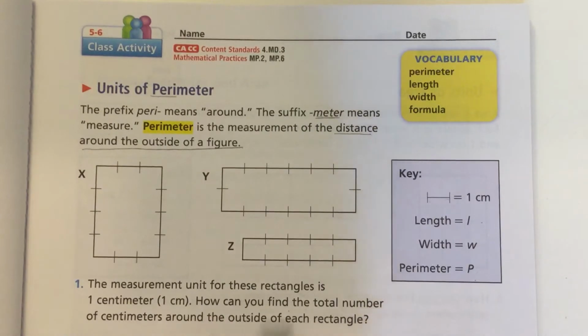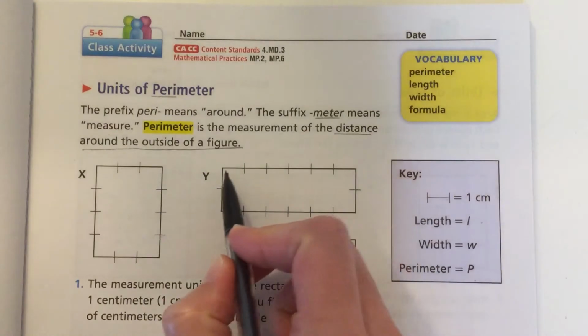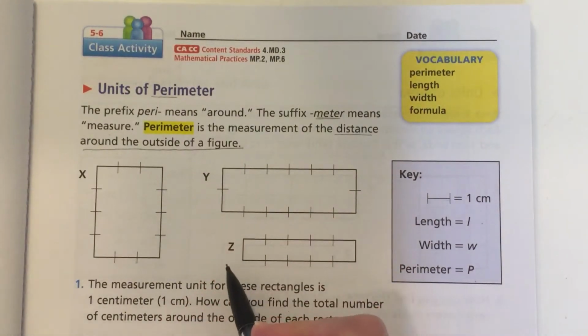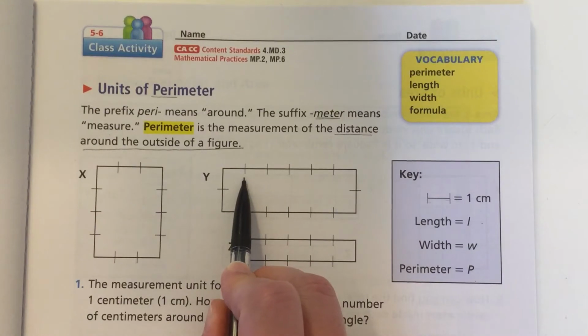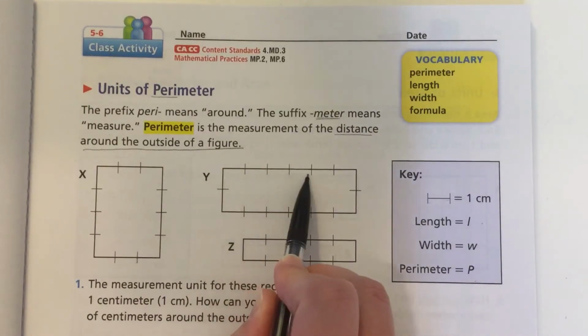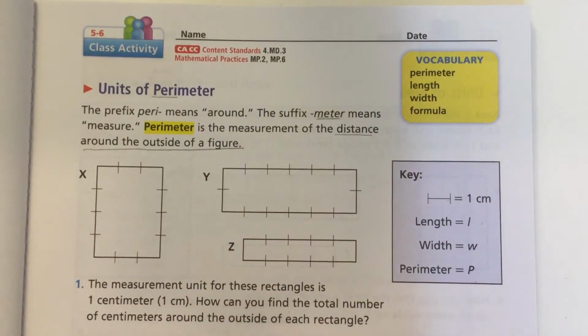How can you find the total number of centimeters around the outside of each rectangle? So you can kind of think about how would you find all of the centimeters? You're probably thinking about counting them. A common mistake that fourth graders make is that they just count these tick marks. They just count the lines, 1, 2, 3, 4, 5. But just like pretty much everything we've done so far this year, we're always looking at the space in between, or the hop.